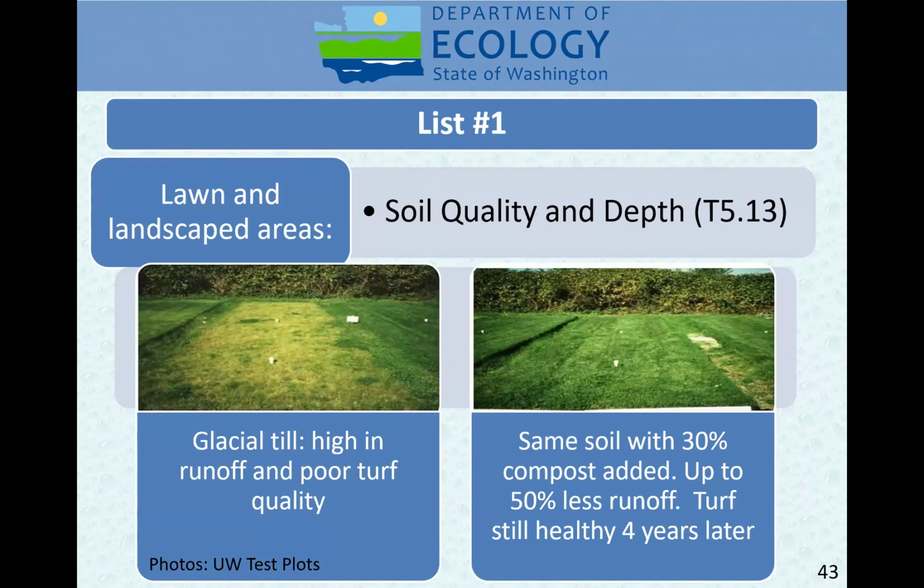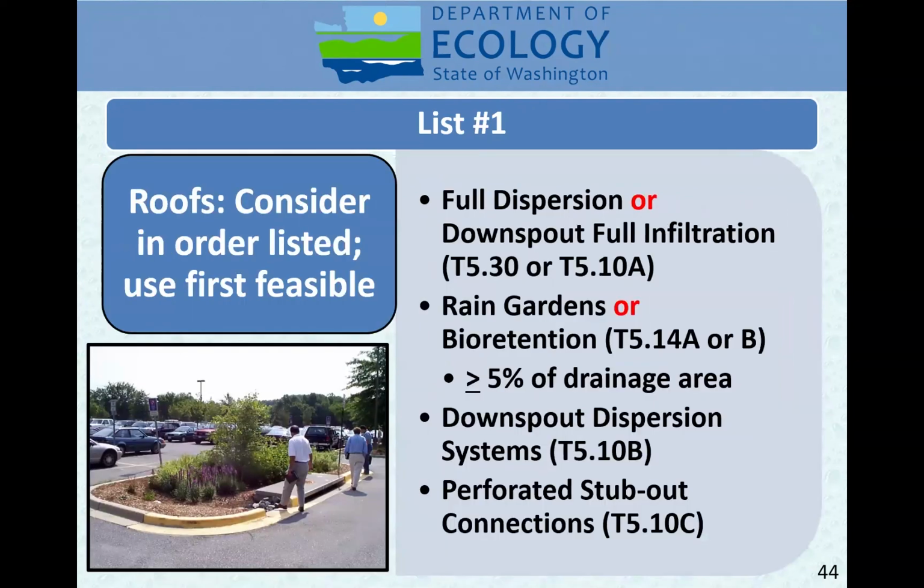For roofs, you've got to go through the items we've identified in order, and if it's feasible, you have to do the first one. So for roofs, the first item is full dispersion.